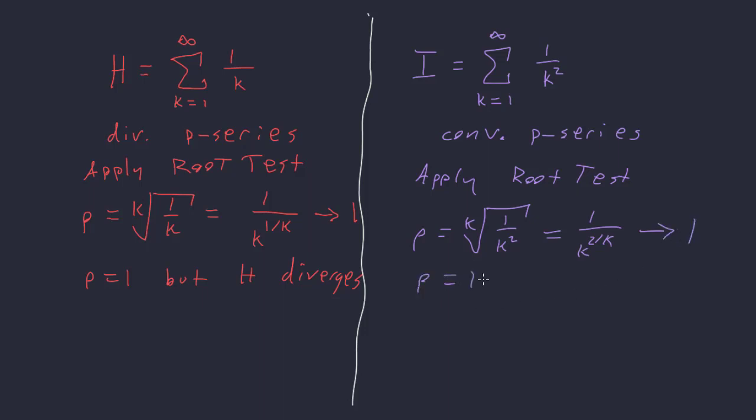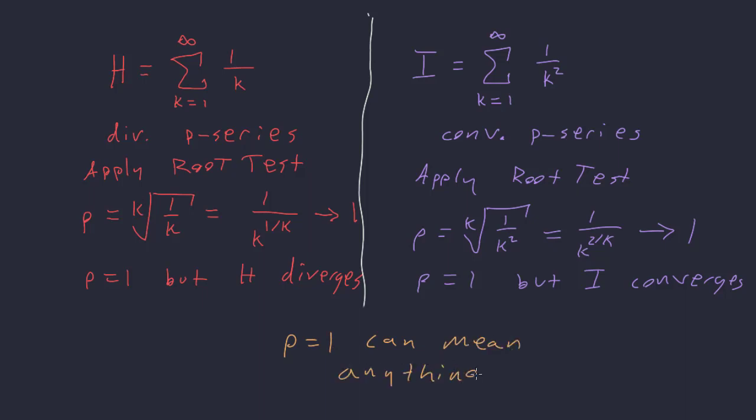And here is a case where rho is equal to 1, but capital I converges. Okay, so once again, we see a situation where rho equals 1 can mean anything. Okay, so that just means you chose the wrong test to use, which honestly is not the end of the world. If you get an inconclusive test, that just means you need to try something else.